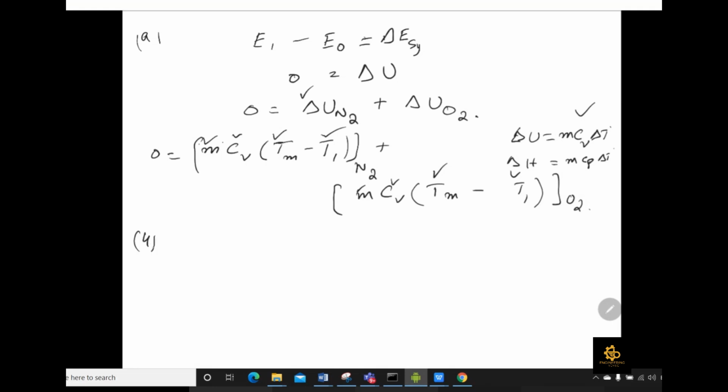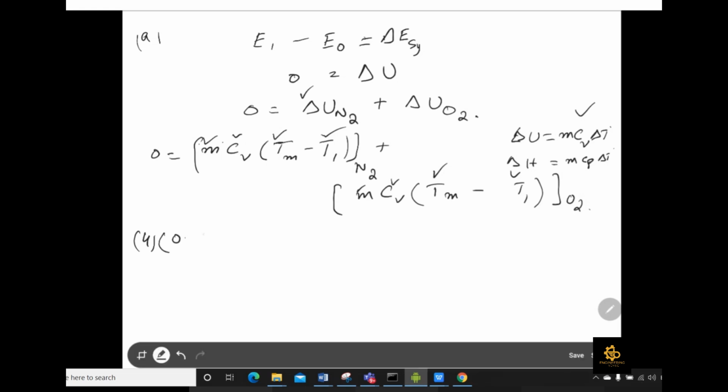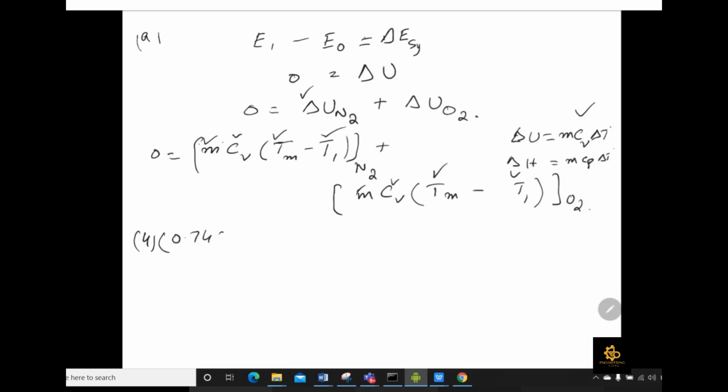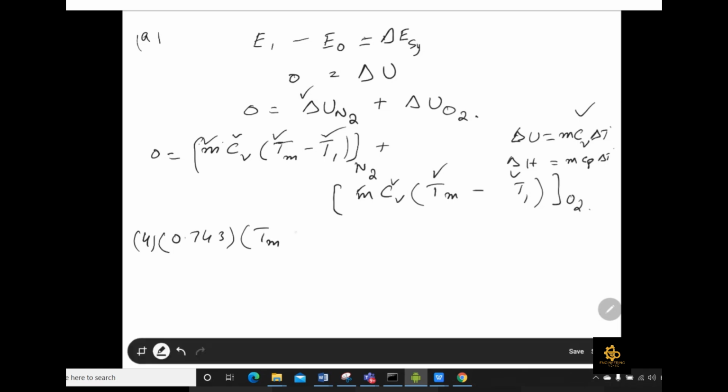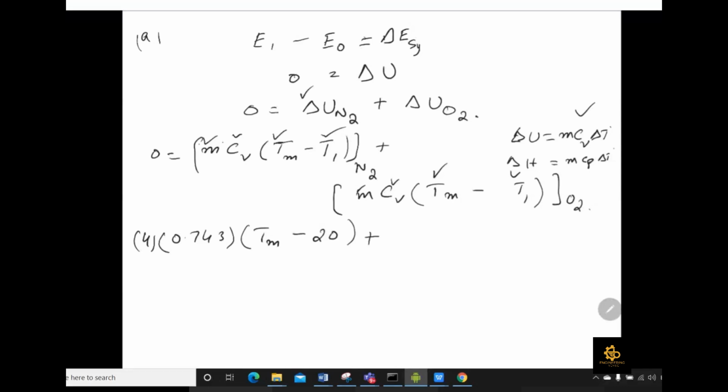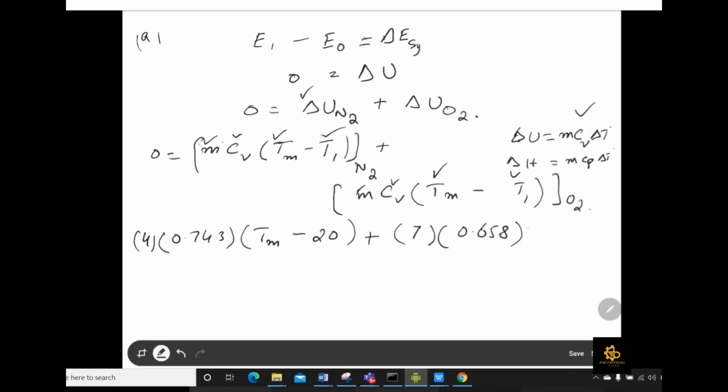So 4 kg is the mass of nitrogen, the Cv value for N2 is 0.743, Tm is unknown, and T1 is 20 degrees Celsius. For oxygen, m is 7 kg and Cv is 0.658, which comes from the thermodynamic table.